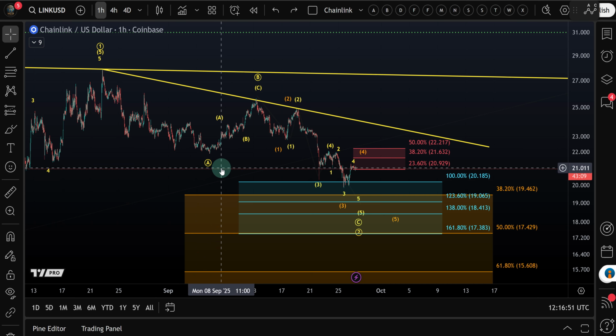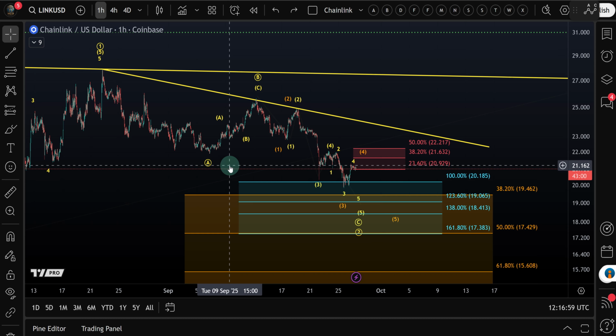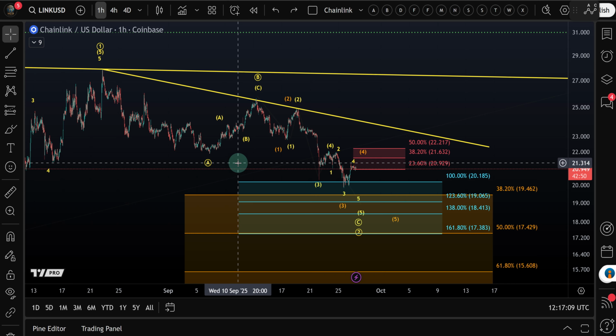It's not always the same, but it's a similar length that often plays out. And C wave is usually 100% of wave A or longer. Very rare that it's shorter. Very, very rare. So I view this C wave to the downside as potentially complete.